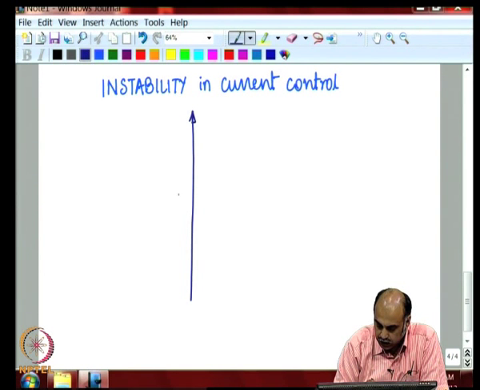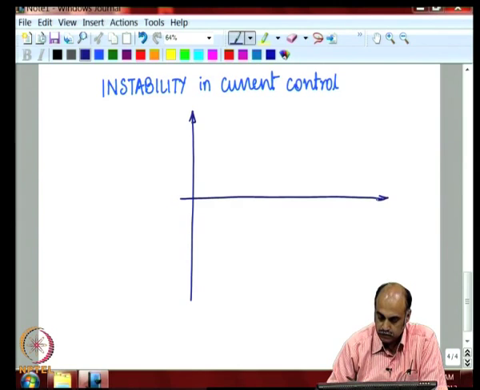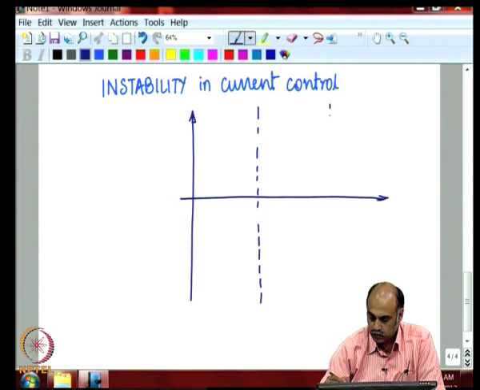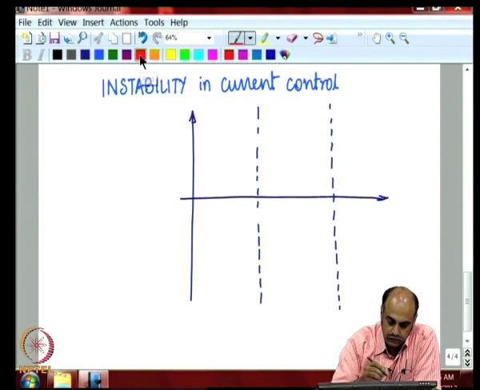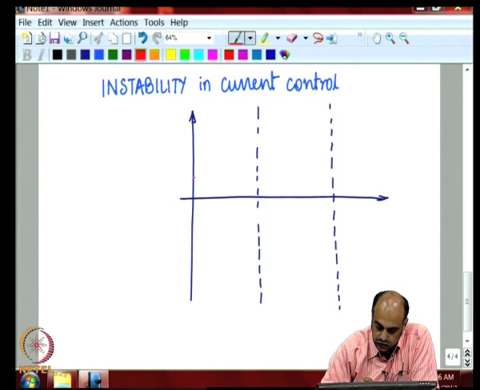Consider just one period. Let me zoom it so that it is clear. This is one period. Now, in this period, the inductor current is drawn in this fashion.